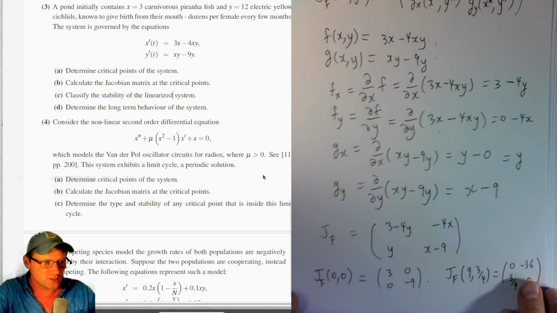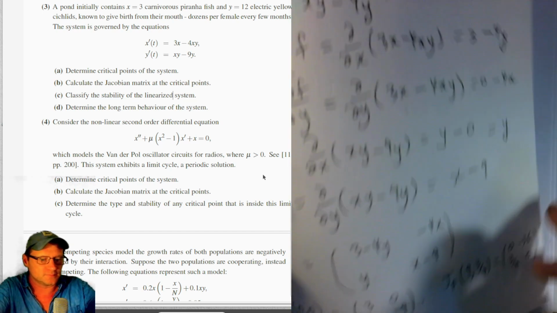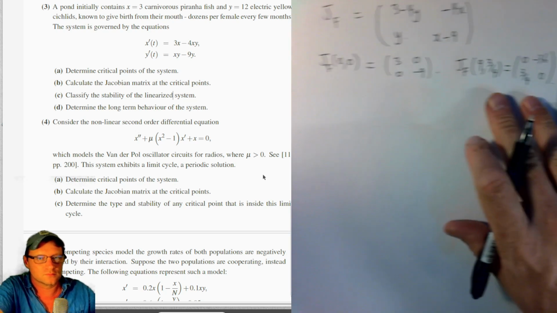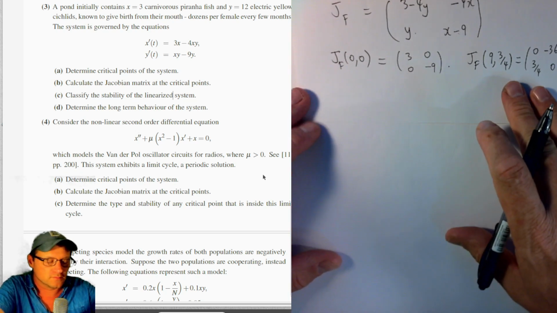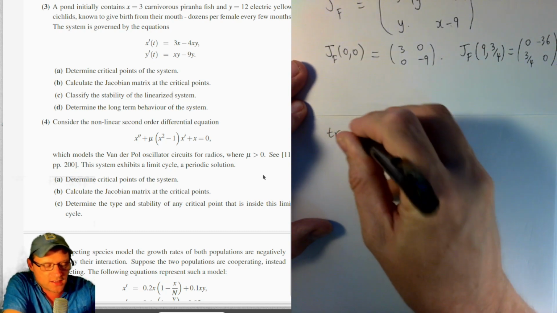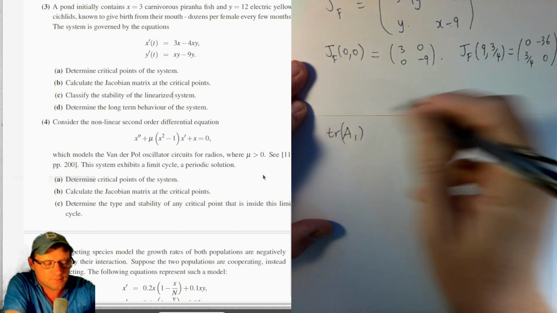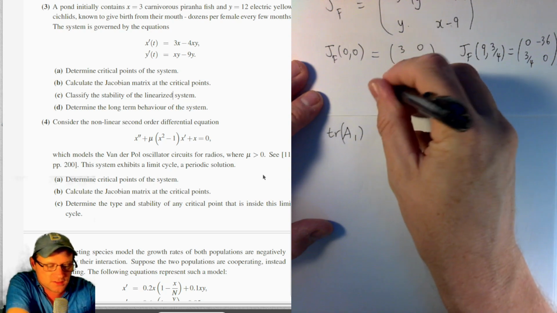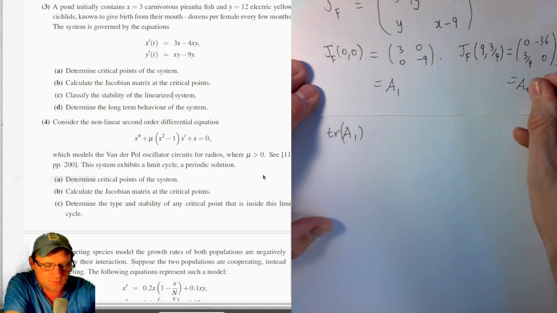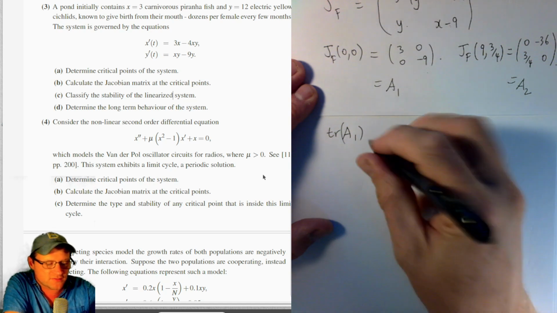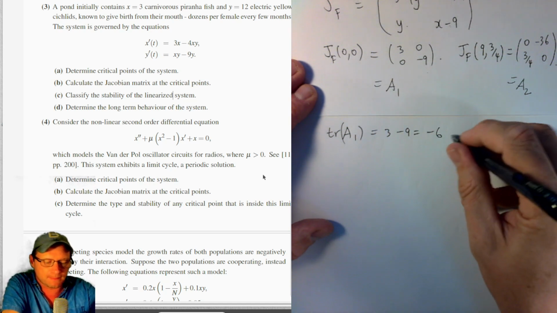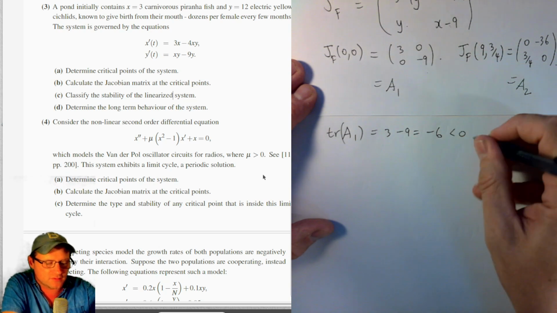Okay, and so I'll come to a new page. So the trace of A1, where this is A1, let's call this A1, and we'll call this one here A2. The trace of A1 is 3 minus 9, which is minus 6. That's negative.